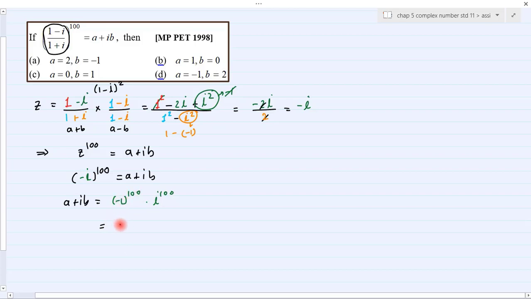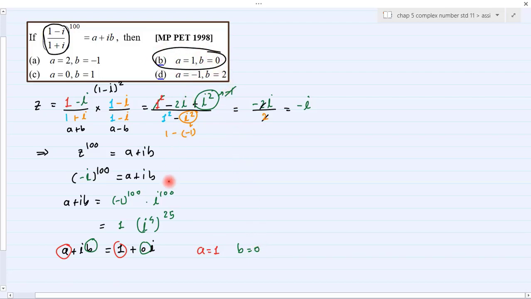Minus 1 raised to 100 is 1, and i raised to 100 can be rewritten as (i raised to 4) whole raised to 25, which will give us 1. So on the right hand side we have 1 plus 0i. By comparing real parts, we get a is equal to 1, and by comparing imaginary parts, we get b is equal to 0, which is given in option B. Ta-da!